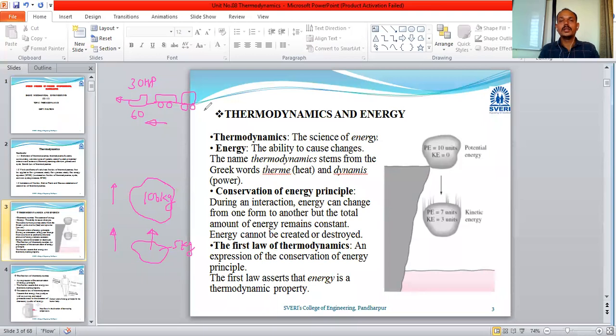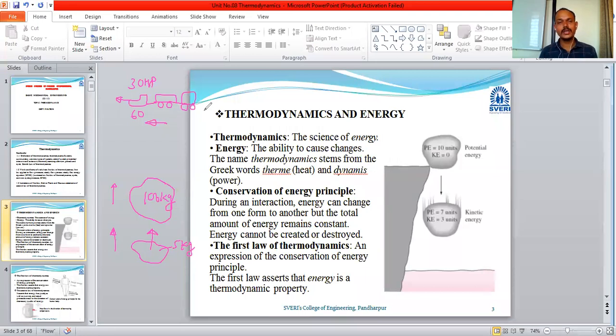For example, if I am going to use a hand operated pump to fill air into the tire, the pressure goes on increasing inside the tire. Am I correct? So it means I have increased the energy there in the tire, but it is not possible without that pump and without transferring energy from myself to that pump.